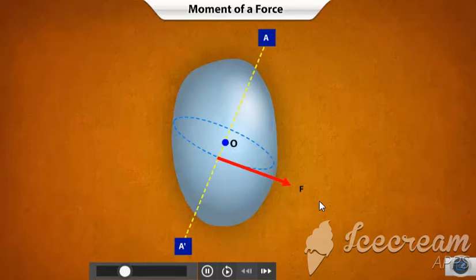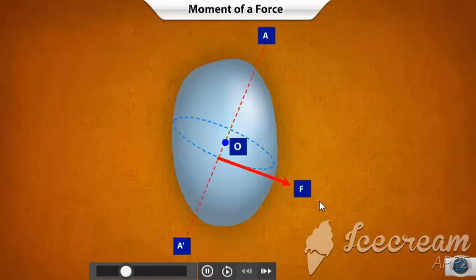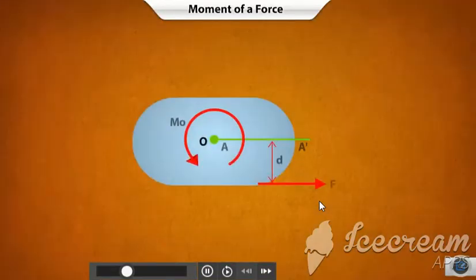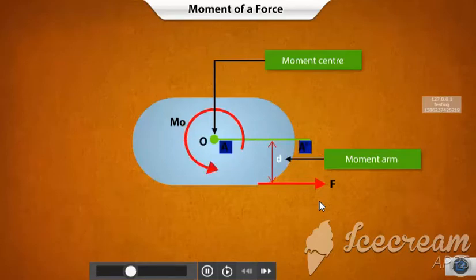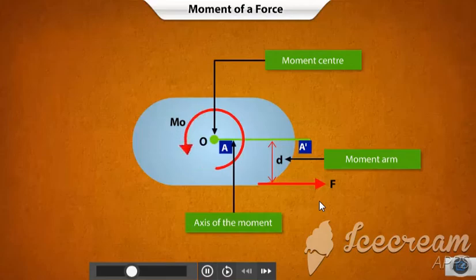Line AA dash is perpendicular to the plane containing force F and point O. The figure shows the plane containing the force F and point O. Here, point O is called the moment center, the distance D is known as the moment arm, and line AA dash is called the axis of the moment.